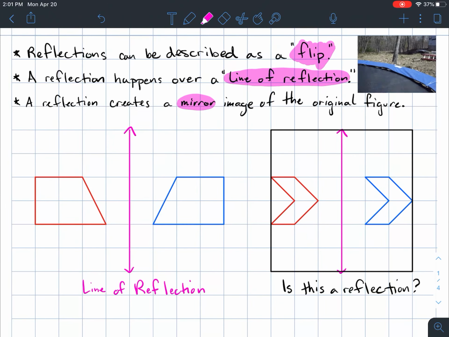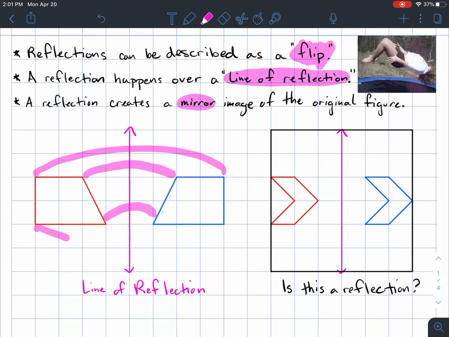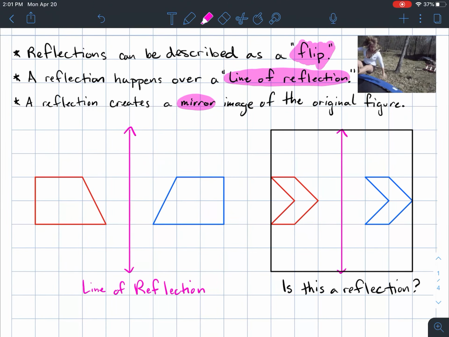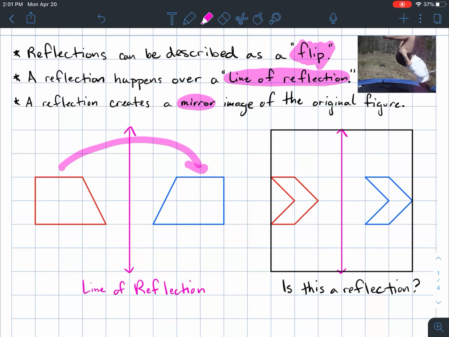And if you look, every point was flipped right over to the other side of the axis. So that's what you call a reflection. The red image was reflected across the line of reflection to its mirror image, exactly the same on the other side of the line of reflection.